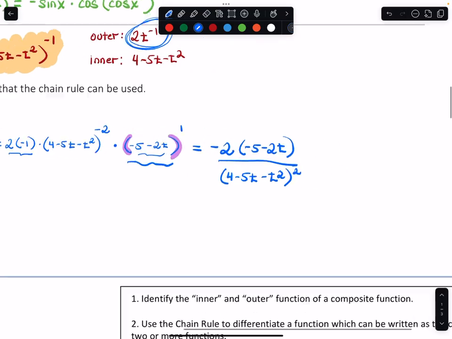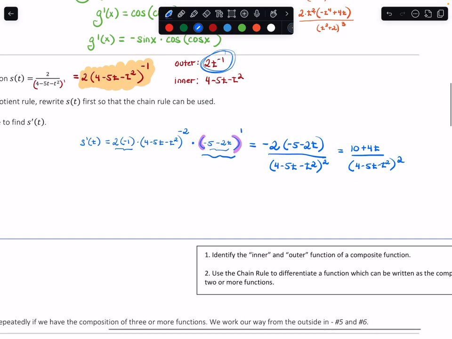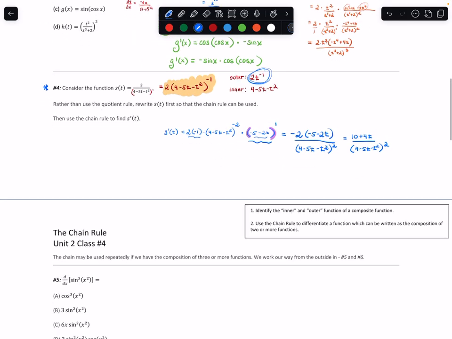I probably would distribute the negative 2, right? I mean, what would that be? Positive 10 plus 4t over 4 minus 5t minus t squared, all squared. Lovely stuff.